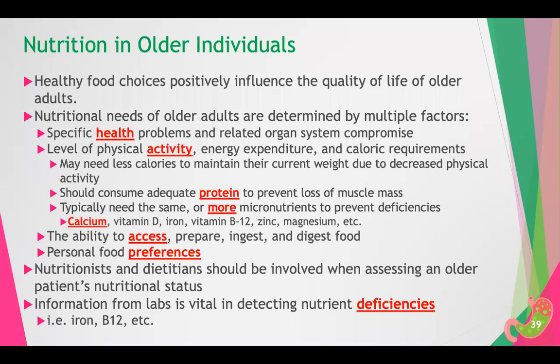And nutritionists and dietitians should be involved when assessing an older patient's nutritional status. So remember, being part of that multidisciplinary team and involving those who have the specialization in certain areas. And information from labs is very important in detecting nutrient deficiencies. And again, we will talk about nutrient deficiencies later on.